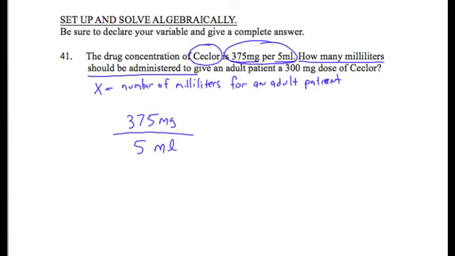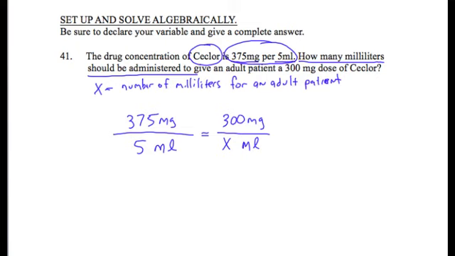That's our known rate, and now we set that equal to what we want to know. We don't know how many milliliters to give, but we do know we want to give this adult patient 300 milligrams of actual medication, and we're looking for x milliliters. Now we have a proportion set up.